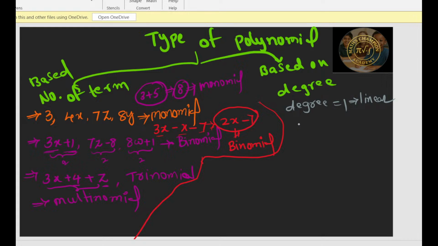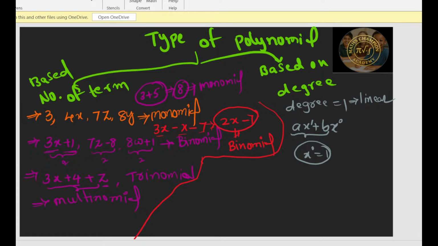For example, ax plus b. Look at the highest power: here b is b into x power 0. We know x power 0 is always 1, so we can write ax plus b. So what is the power here? It is 1.